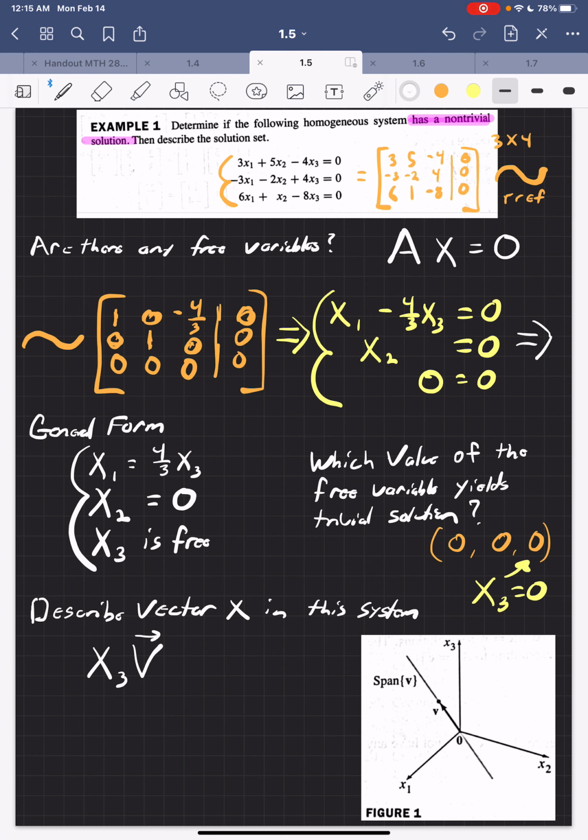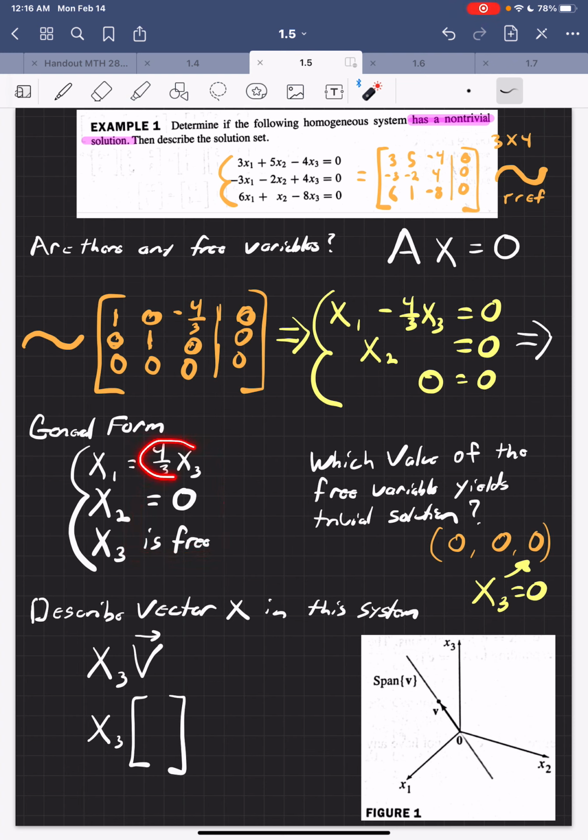This is kind of sloppy in its language, but if you were to factor out an x sub 3 out of this general form, let's think about what would be left.